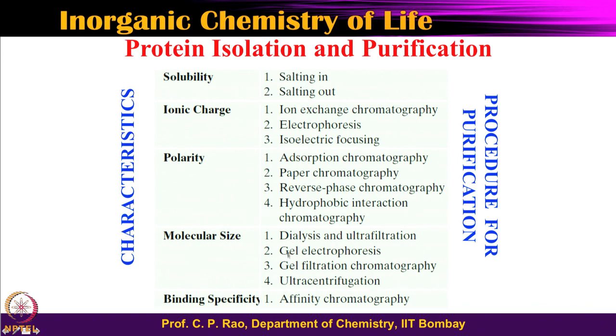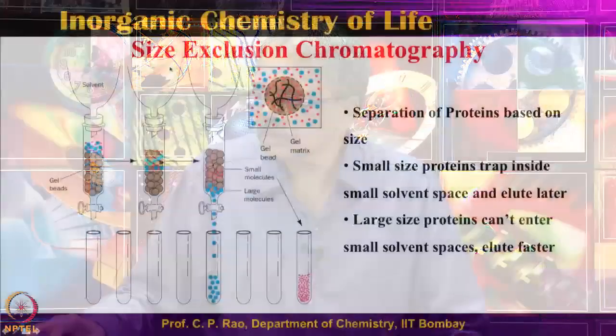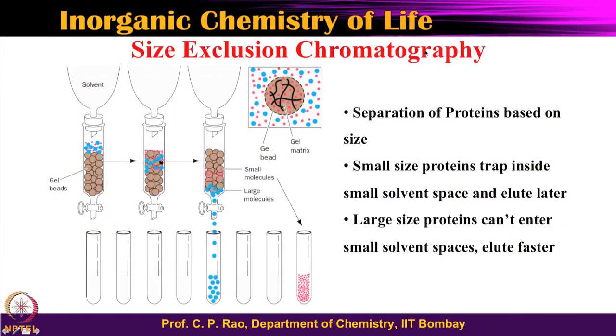So, there are various kinds of things. And you can also use affinity chromatography, where your protein will be bound to the column very effectively with some affinity, all other proteins will come out. So, all these are procedures for purification. So, you can use these characteristics of the proteins both for isolation purpose as well as for the purification purpose too.